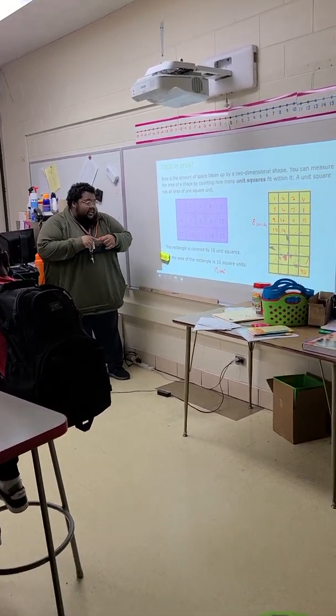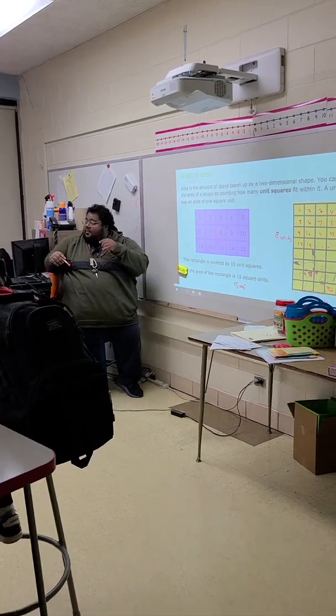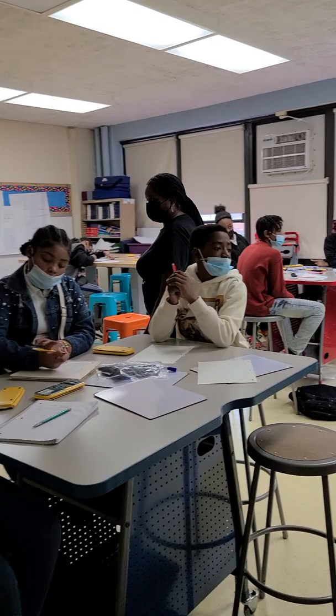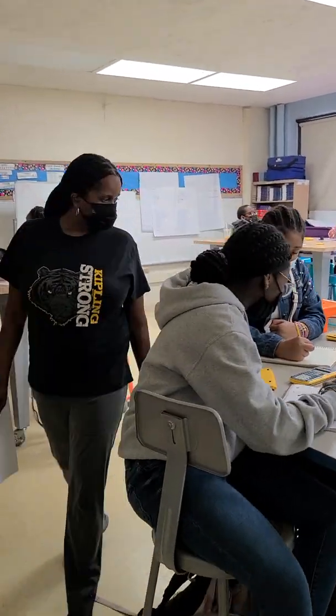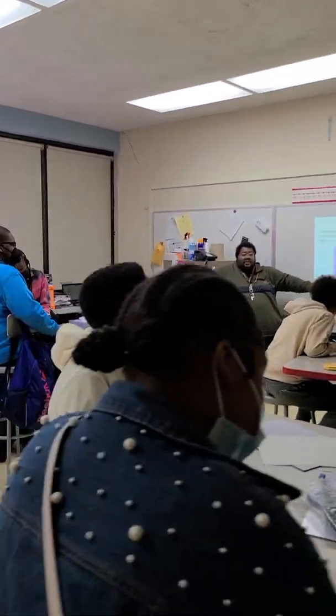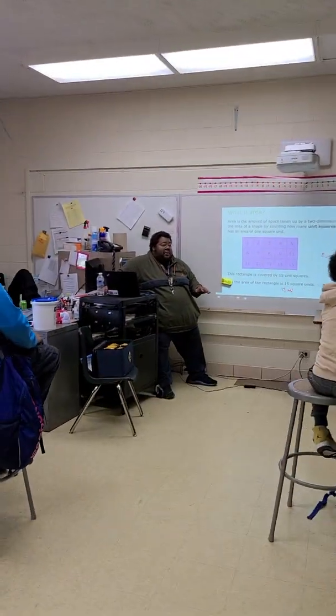Make sure you write it down. That's really important. On a standardized test, if you don't write down your units, it'll be wrong. If you put down 15 in the answer, that'll be incorrect.